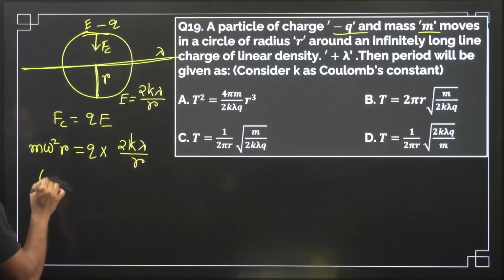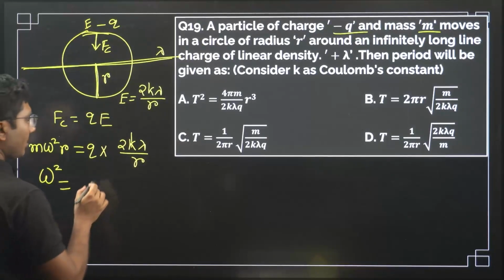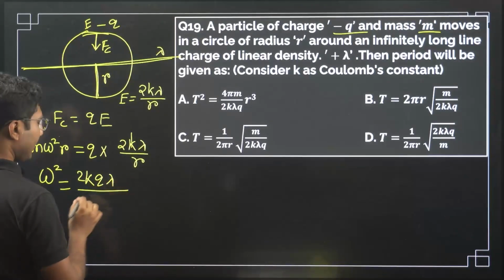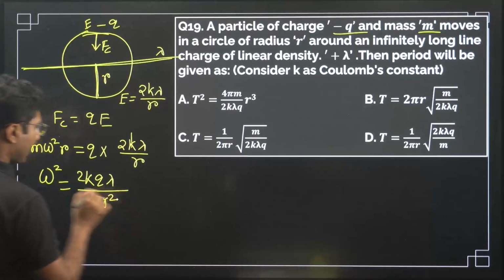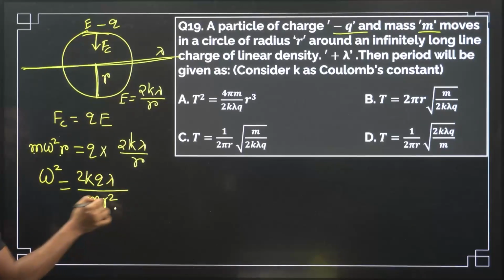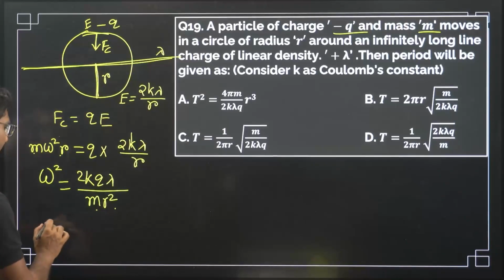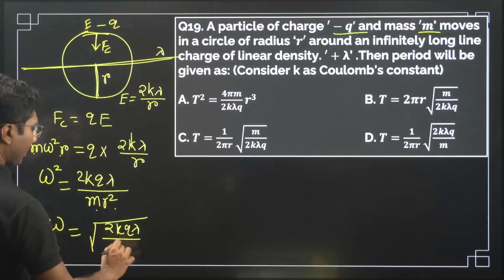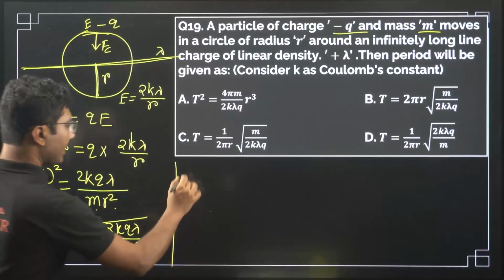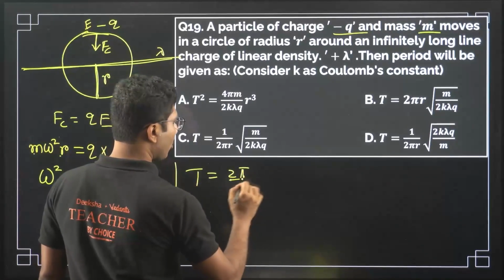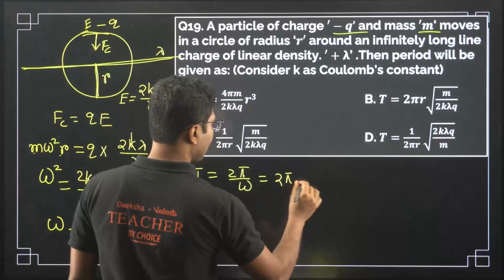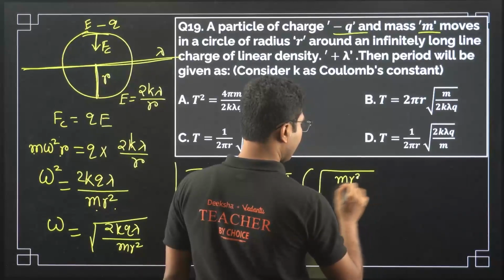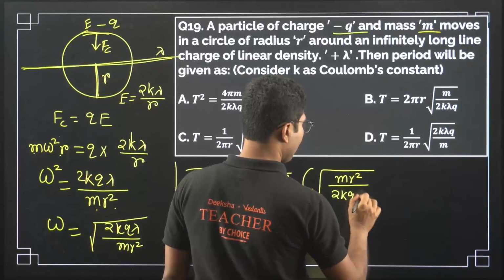Omega square is given by 2k q lambda by m r square, so omega is square root of 2k q lambda by m r square. Now what is the time period? Time period is 2 pi by omega, that is 2 pi into square root of m r square divided by 2k q lambda.